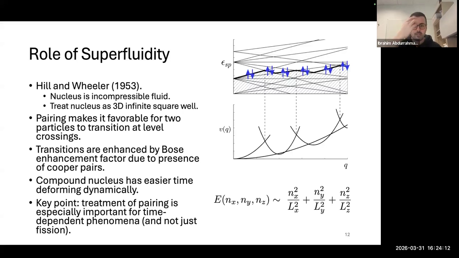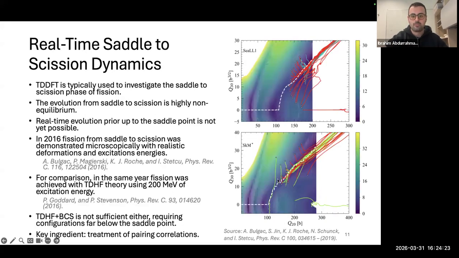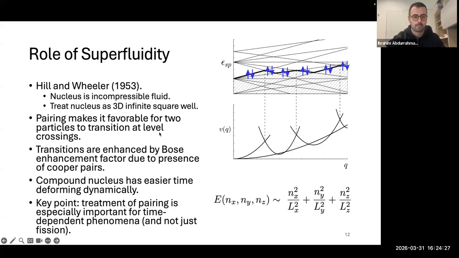This is probably the most important slide in this talk because it gets to the heart of why treating the nucleus as a superfluid allows you to actually deform to the point of scission. And I'll bring you back to the paper by Hill and Wheeler that sketches out a very nice picture of what's going on.